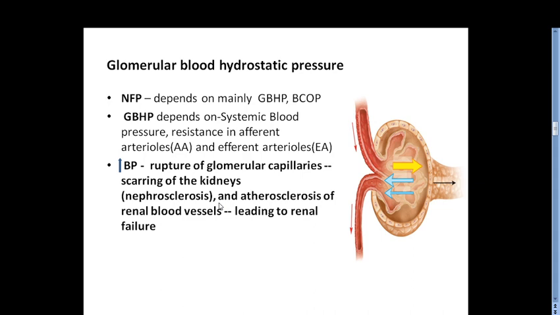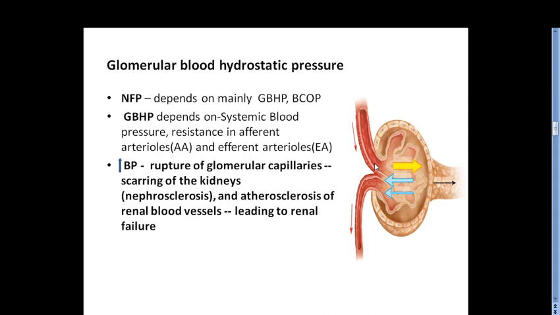That hydrostatic pressure depends on the renal perfusion, and renal perfusion basically depends on the systemic arterial blood pressure. The glomerular blood hydrostatic pressure basically depends on two things. One is the arterial pressure in the renal artery, which is a continuation in the kidney as the afferent arteriole.